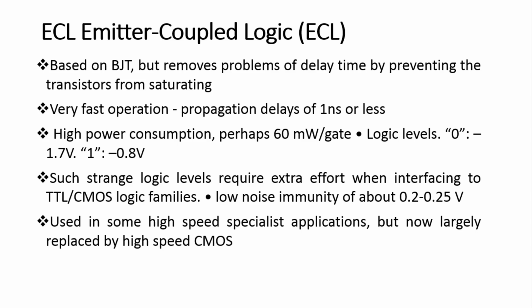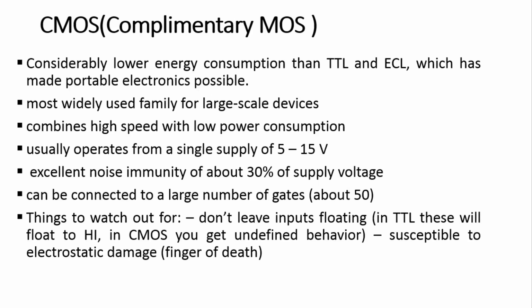Such strange logic levels require extra effort when interfacing to TTL or CMOS logic families. Low noise immunity of about 0.2 to 0.25 volt. Used in some high-speed specialist applications, but now largely replaced by high-speed CMOS. So these are the specifications related to ECL.